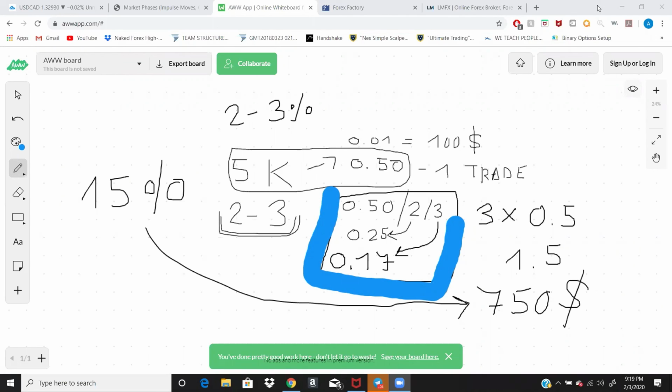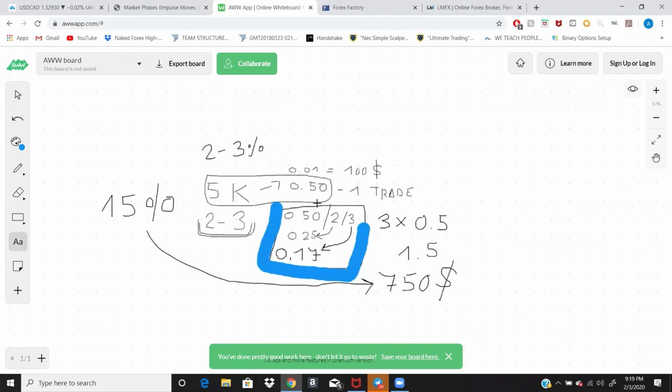Okay, so the way that 1 to 1000 works, anyway, let's delete this so we can make it more presentable.